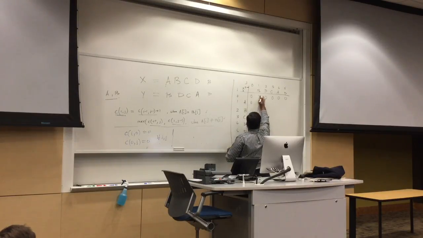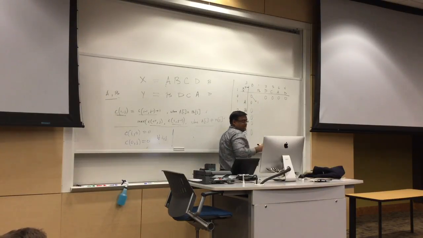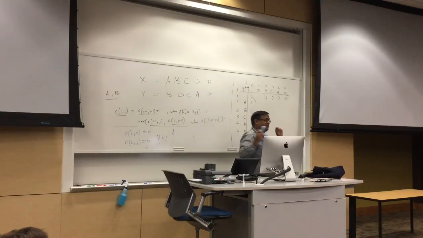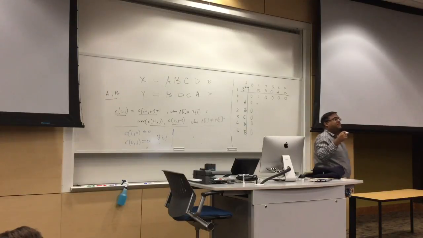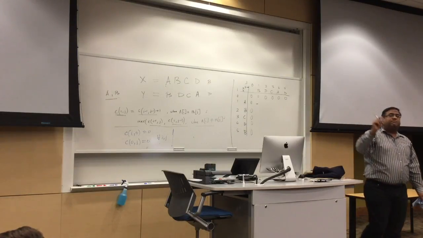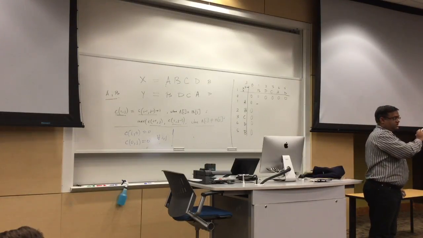If say this was 1, then you're copying this value. If say these two were equal, then this value will make the impact. So whichever number you are using to make the decision for this is the one you will call the parent of that number. This parent information will help later on to compute the longest common subsequence.